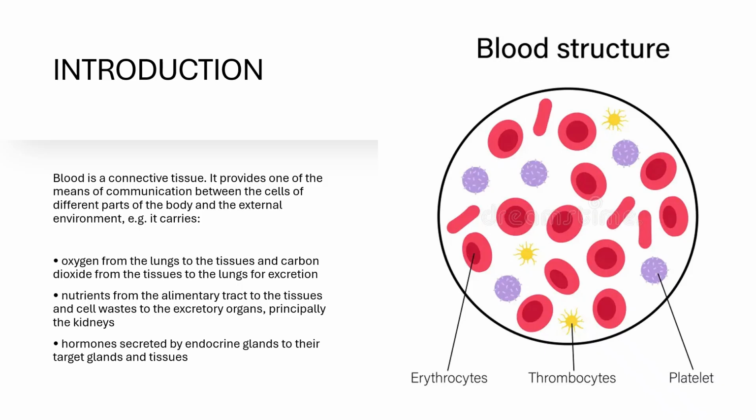It's also the blood that transports hormones secreted by the endocrine glands to their target glands and tissues. The hormones secreted by the endocrine glands in the brain, it is with the help of the blood that they are transported to the different glands for an action to take place. So it's by the help of the blood.